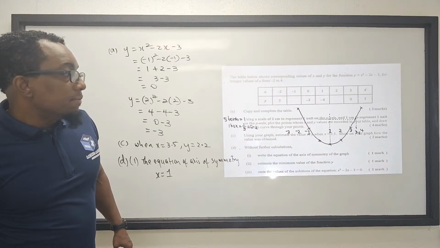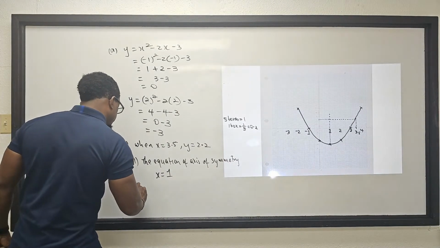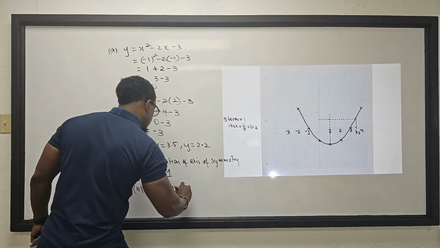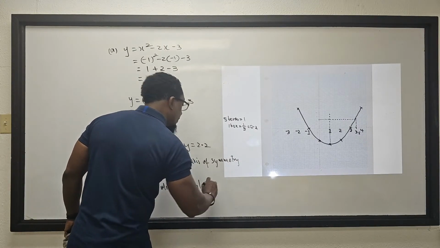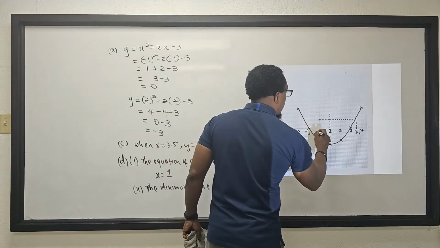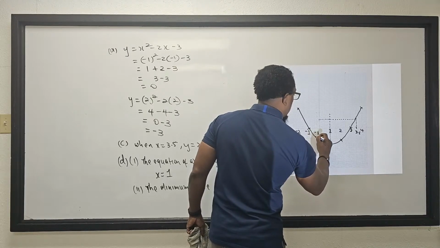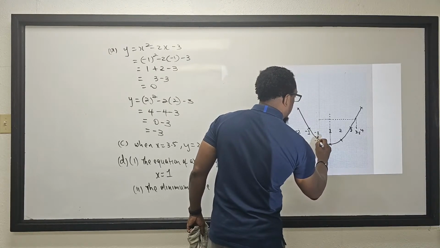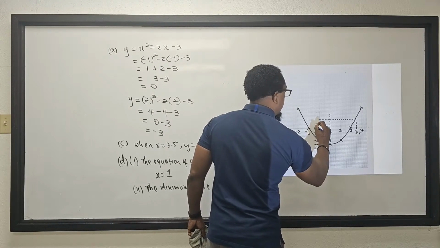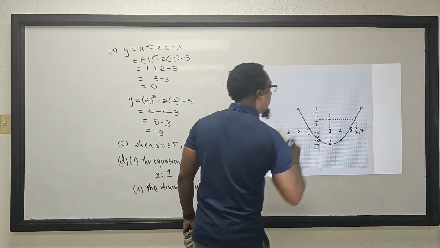Estimate the minimum value of the function y. The minimum value is simply the y coordinate of the turning point. This is -1, -2, -3, -4, -5, and we have 1, 2, 3, 4, 5.